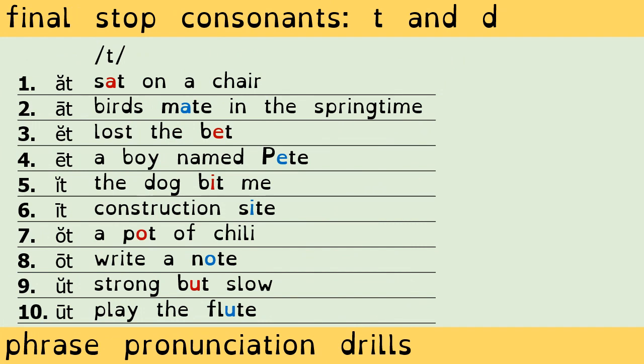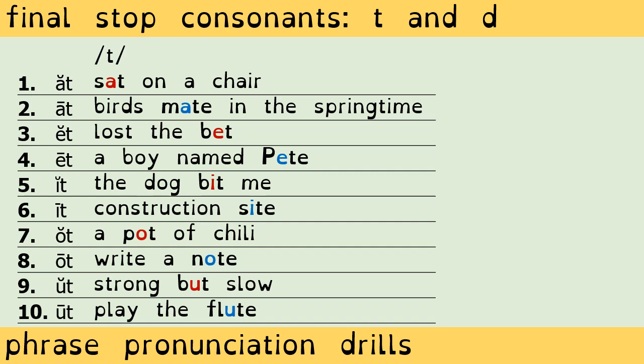Now we are going to look at the words we have practiced in short phrases. I am going to read these phrases. If you want to pause the video and try reading on your own first, now is the time.